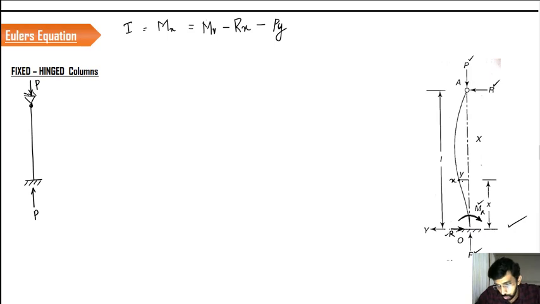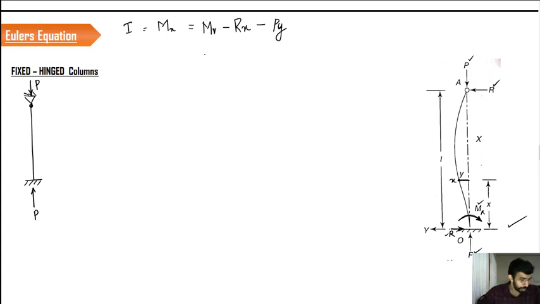So P into y is the moment due to the external load P, and R into x is again going to give an anti-clockwise rotation, so that takes the negative sign, but MR is a clockwise rotation, so that is going to take the positive sign.